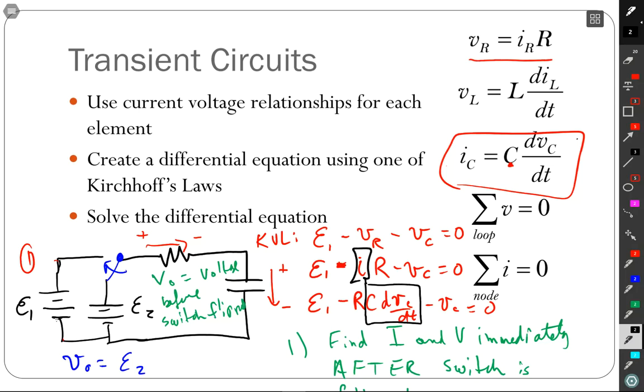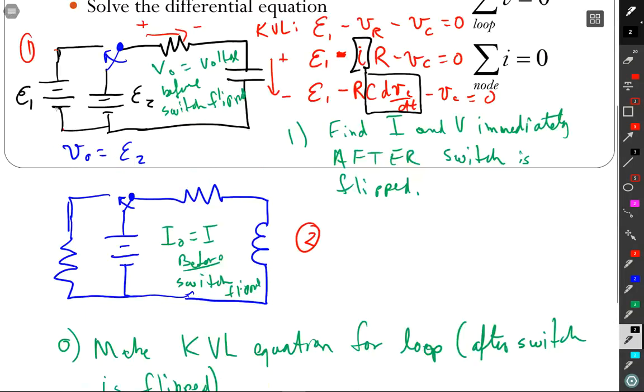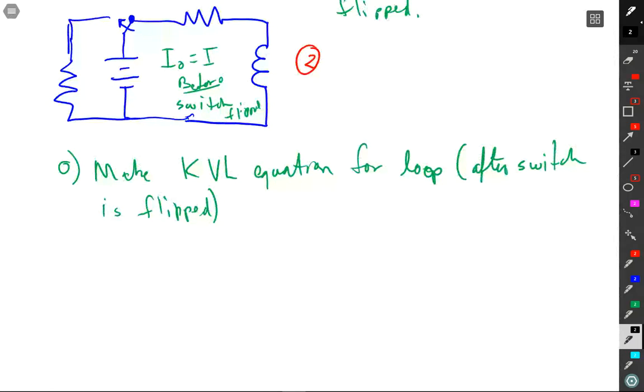So, doable, right? If a question like this comes up on the test, the reason I said find the initial and the final values is that there are always the same equations that you end up with.